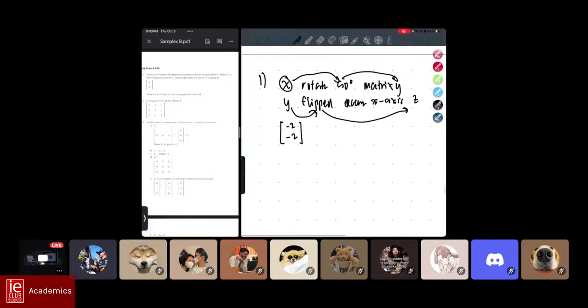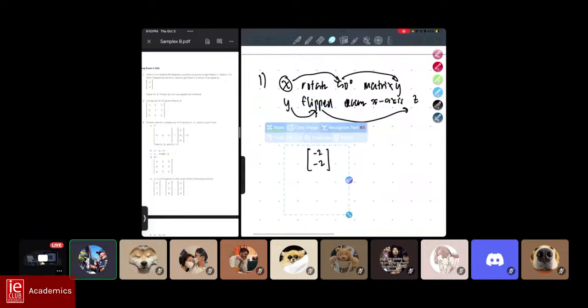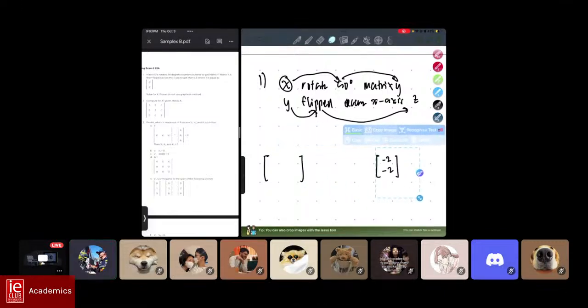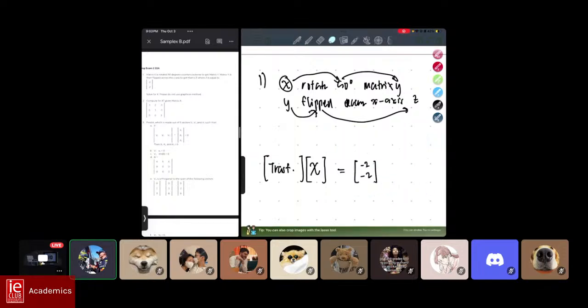Recalling from the class earlier, we can represent linear transformations as matrices. That means we are looking for a missing matrix, which we multiply with matrix X. This is the transformation, this is X, and it results in negative 2, negative 2. So the challenge here is to find the transformation so that we can find X.